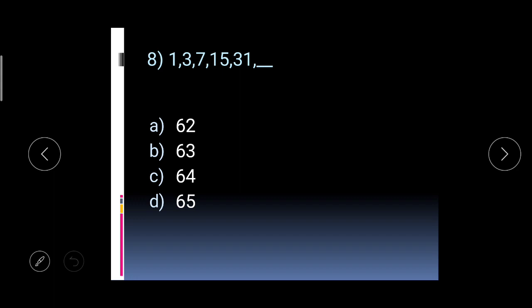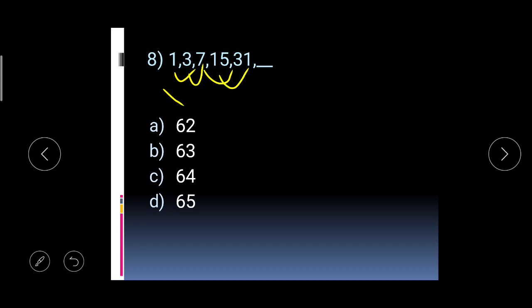If I see 3, it is not exactly double, but it is almost double. 7 is not exactly double, but it is more than double. 15, again it is 1 more than double. 31, it is 1 more than double.